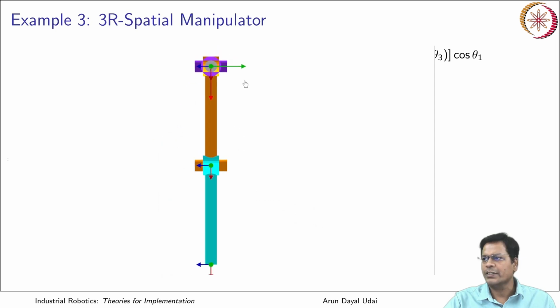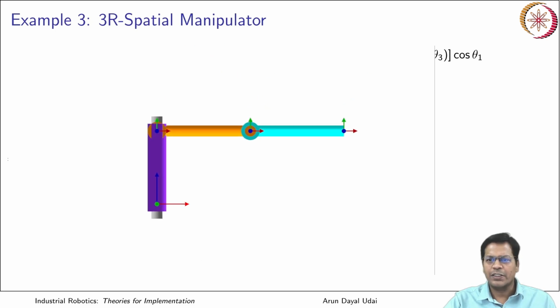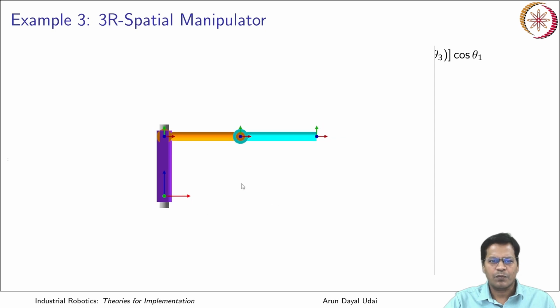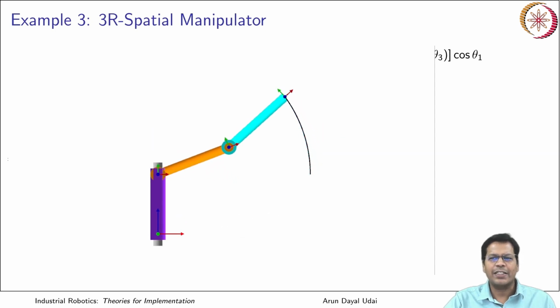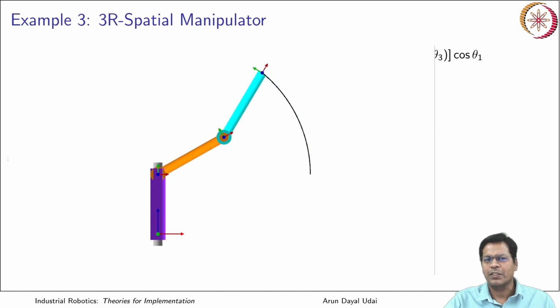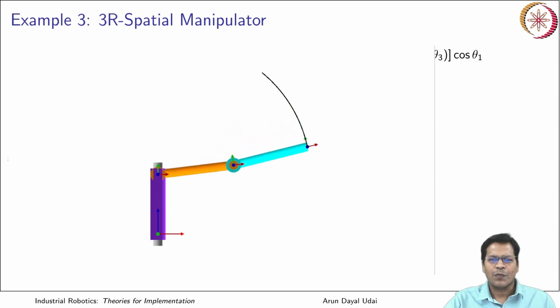So this is how it is. Got it? And if you look from the side, it can go something like this. You can see how it moves. It goes like this. It is exactly like a 2 degree of freedom robot. So this can move like this, and can come back to its original position like this.